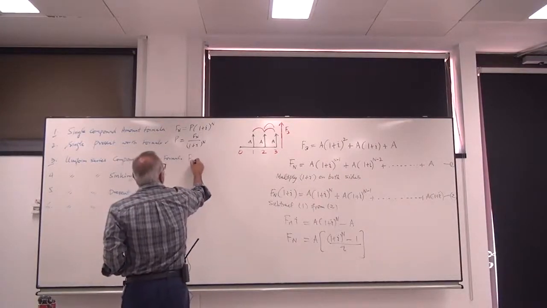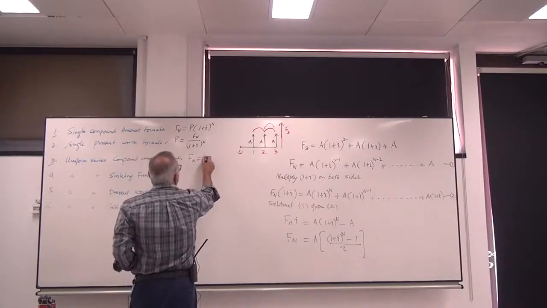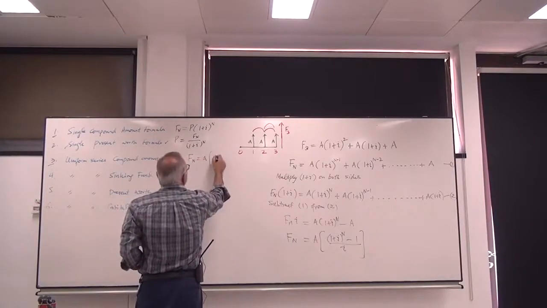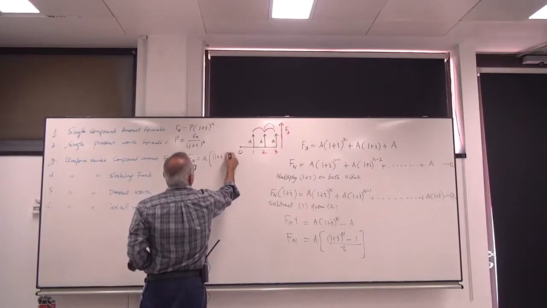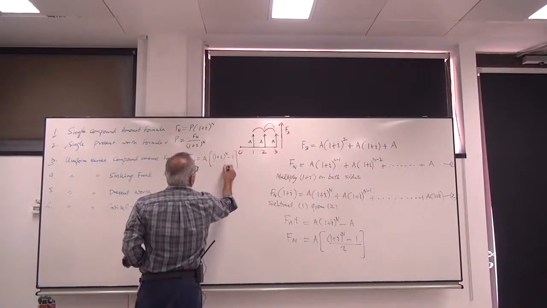Here Fn is equal to A into 1 plus I raised to power n minus 1 over I.